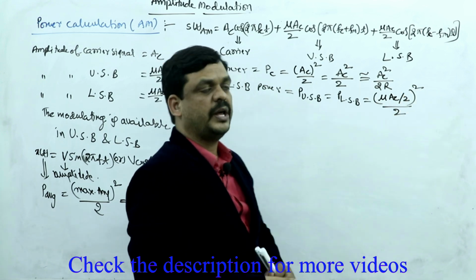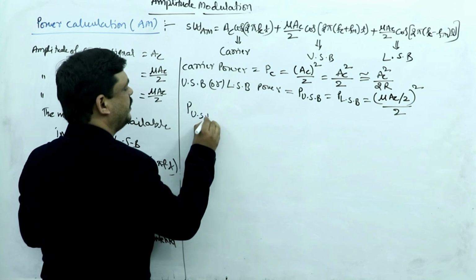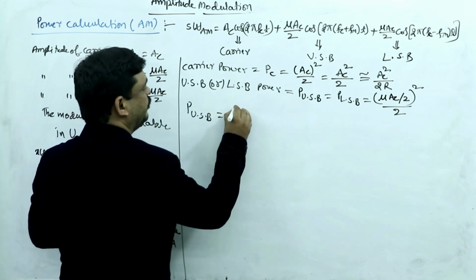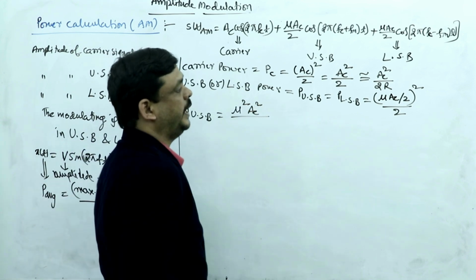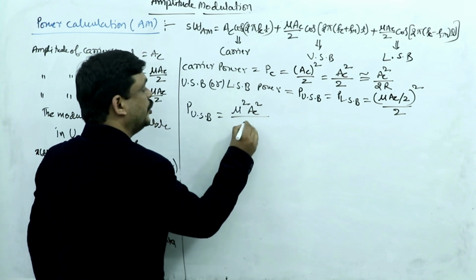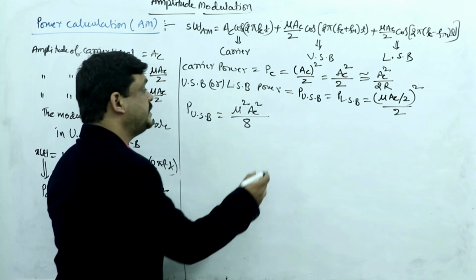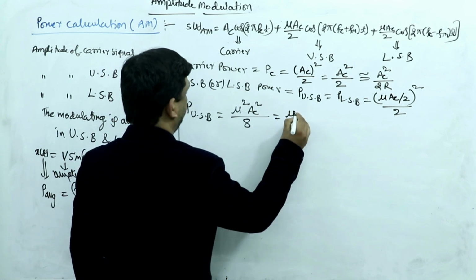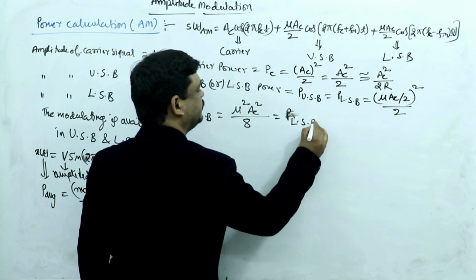Now write the equation. Upper sideband power is equal to mu square Ac square, and here 2 square becomes 4, and 4 into 2 is 8. So mu square into Ac square by 8. This is equal to PLSB also.